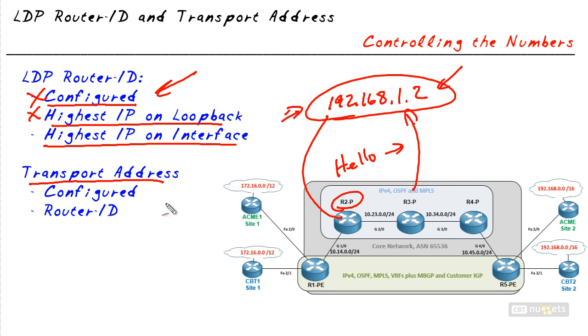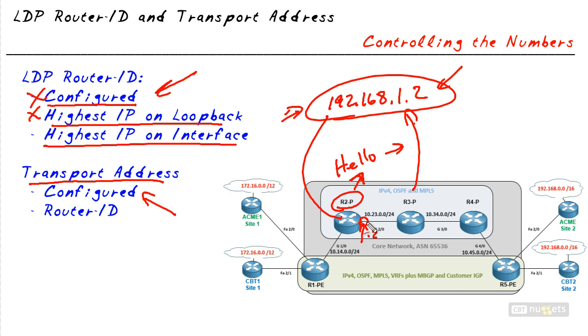Another option is we could configure a transport address. We could go to this interface, for example, on R2, gig 2/0, and the IP address on this interface is 10.23.0.2, and we could tell that interface, in interface configuration mode, please, when you send out hello messages on this interface, go ahead and use the IP address of this interface as the transport address that's part of the payload in this hello message.